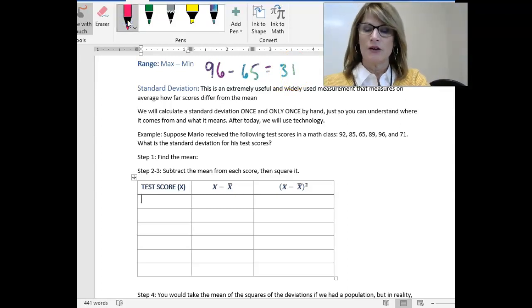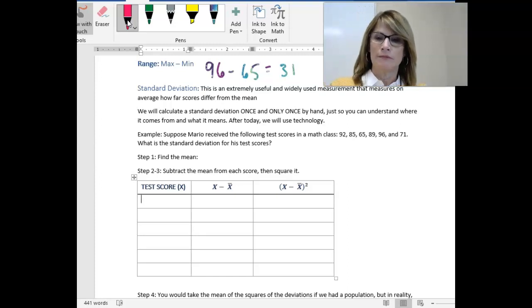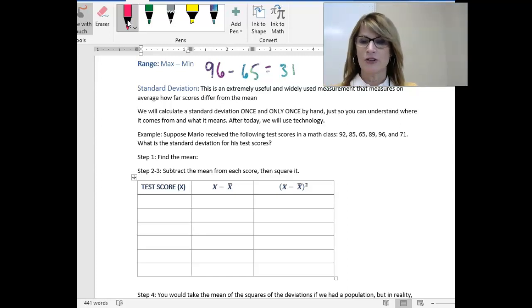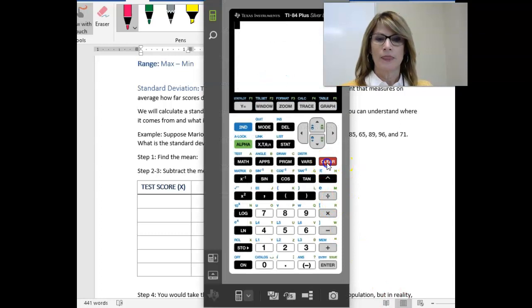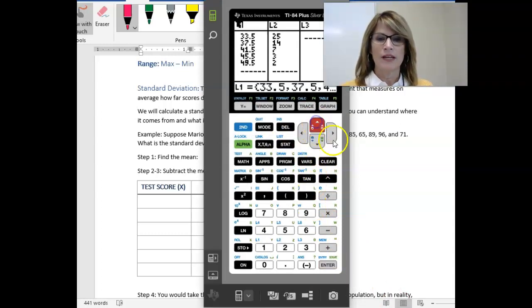Okay, so if we were going to find the standard deviation, step one, we need to find the mean. So if you've got your calculator handy, pull that up, and we will enter each one of these test scores into list one.